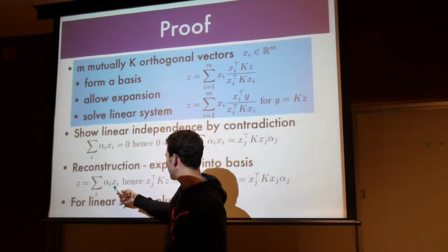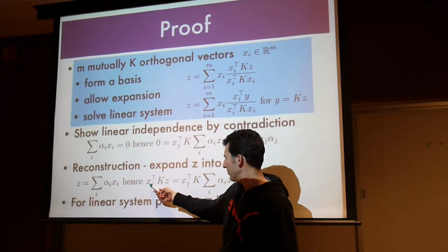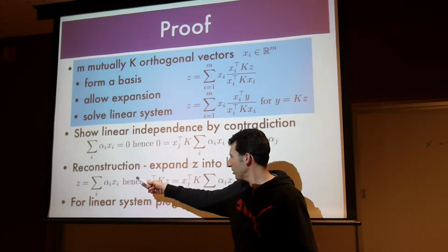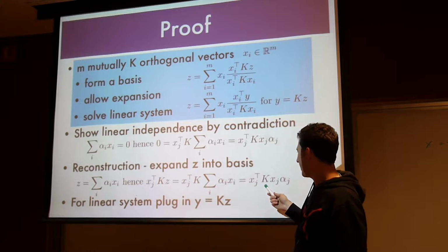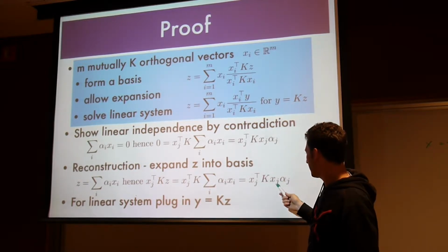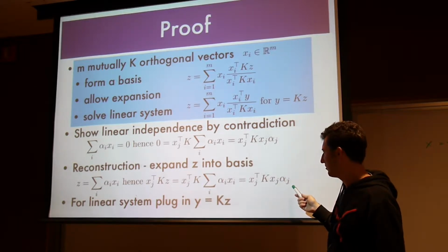They form the basis. So I can just compute the inner product between some xj transpose K and z, and plug the expansion in here. Again, by K-orthogonality, this allows me to get my hands on alpha j and none of the other terms.